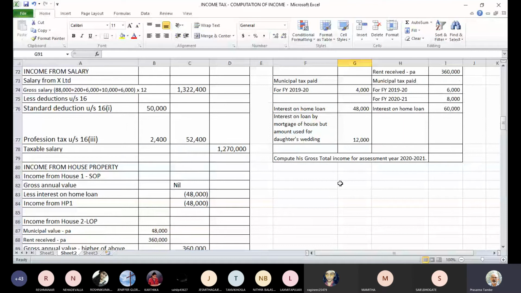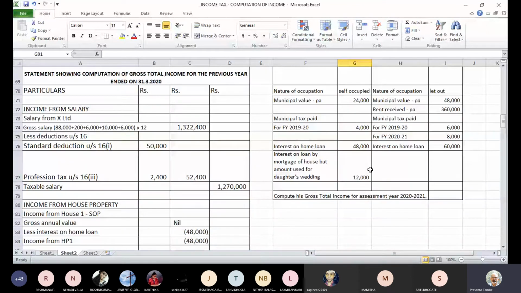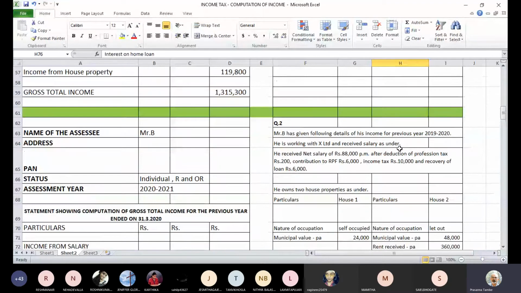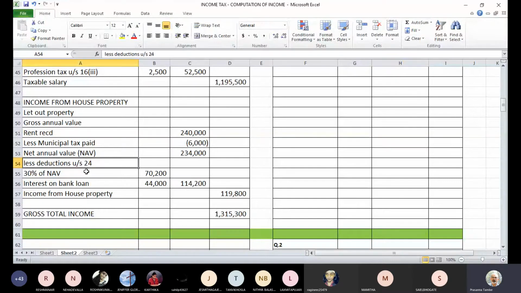Next comes the deductions under section 24, and this being a let out property, we can claim two deductions. One is a standard deduction, which is 30% of NAV, and second one is the interest on home loan. Both these deductions are permissible. So from this we can claim two deductions, less deductions under section 24.